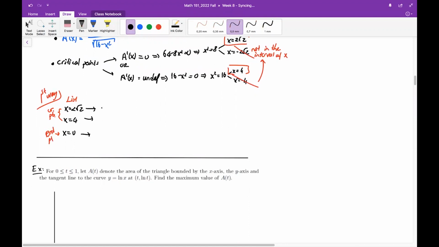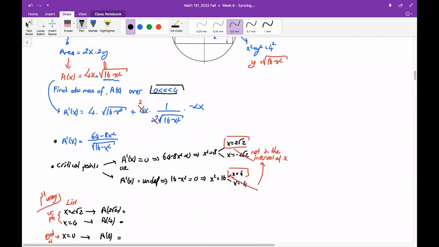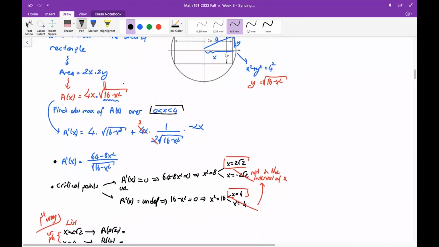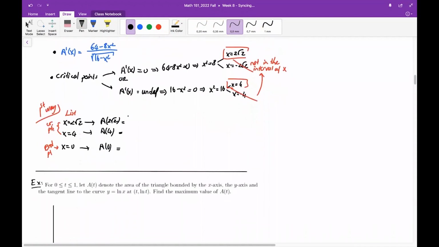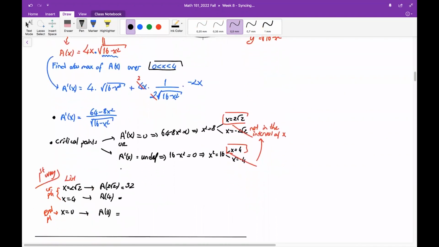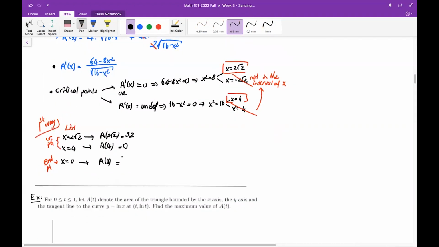And I will look at the values of my function at these special points. Okay, A of 2 square root 2. Here is your A function. If you insert 2 square root 2 for x, you will find 32. And if you insert 4, this part becomes 0. If you insert 0, this part makes the function 0.